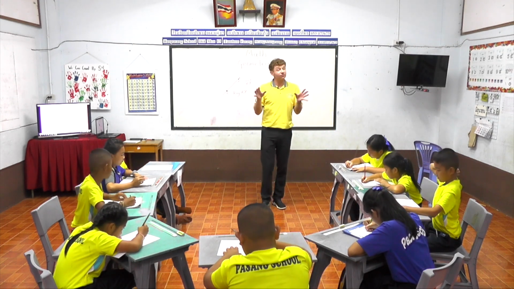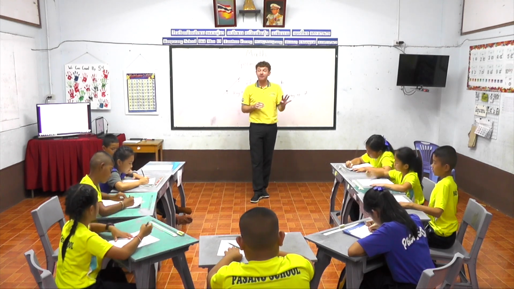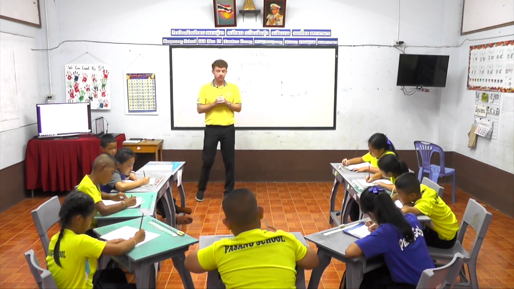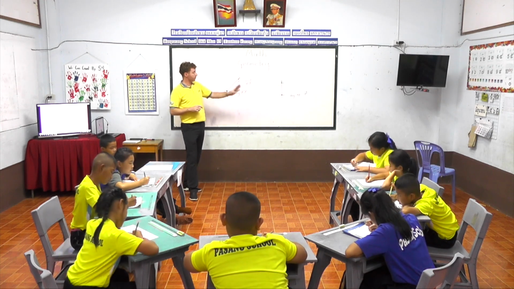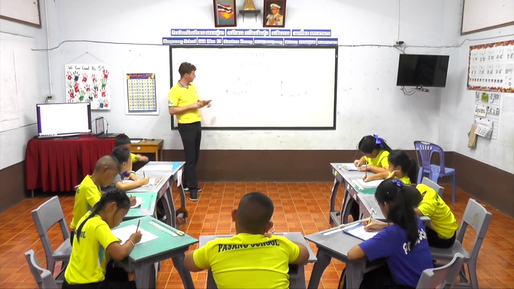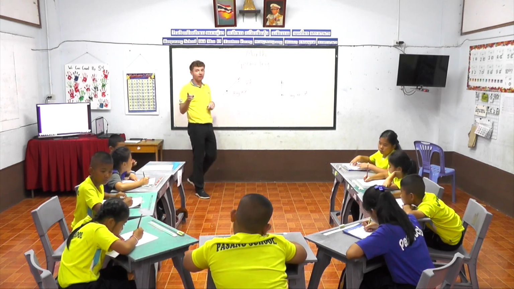Okay, guys, so similar to the last lesson, when you had to design your 4 line segments, but this time you're drawing rays. So you have 2 perfect examples on the board. You can do your line in any direction as long as it's straight.